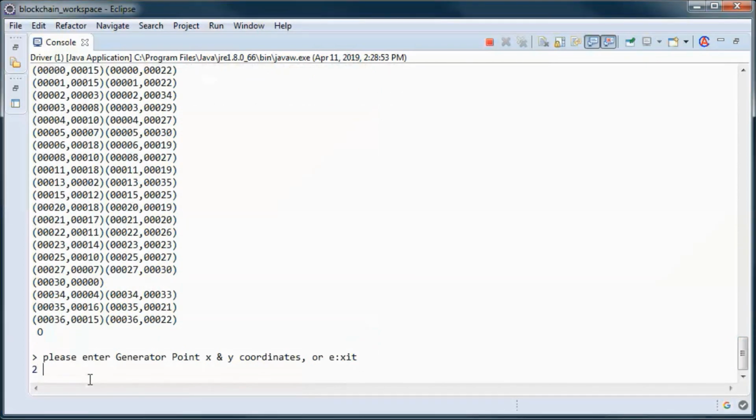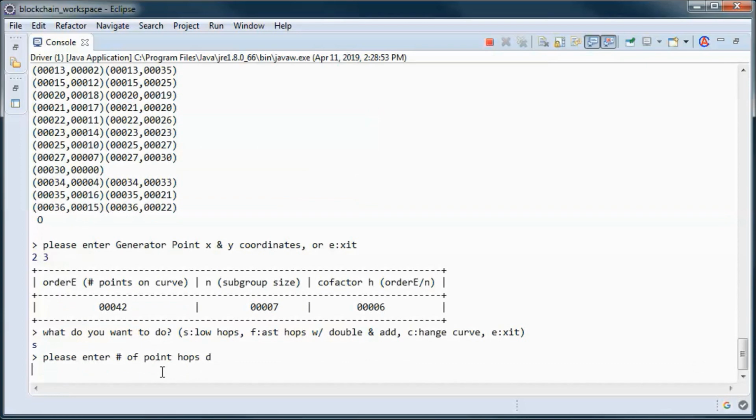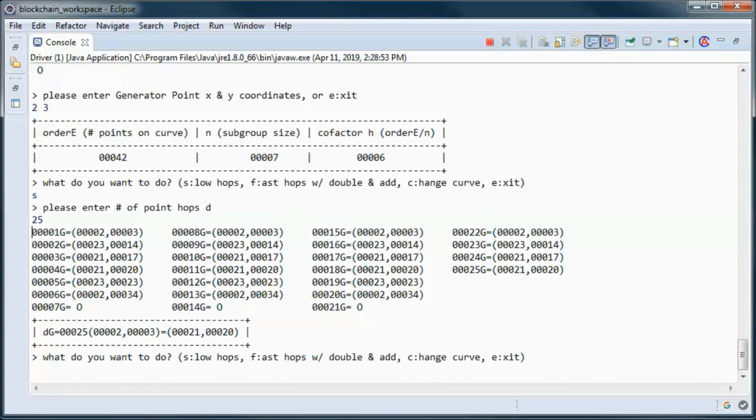And if we try this generator point and do slow hopping and maybe 25 hops, so we have 7 points in the subgroup, and the order of E was 42, and the cofactor is the order of E over n, which is 6.